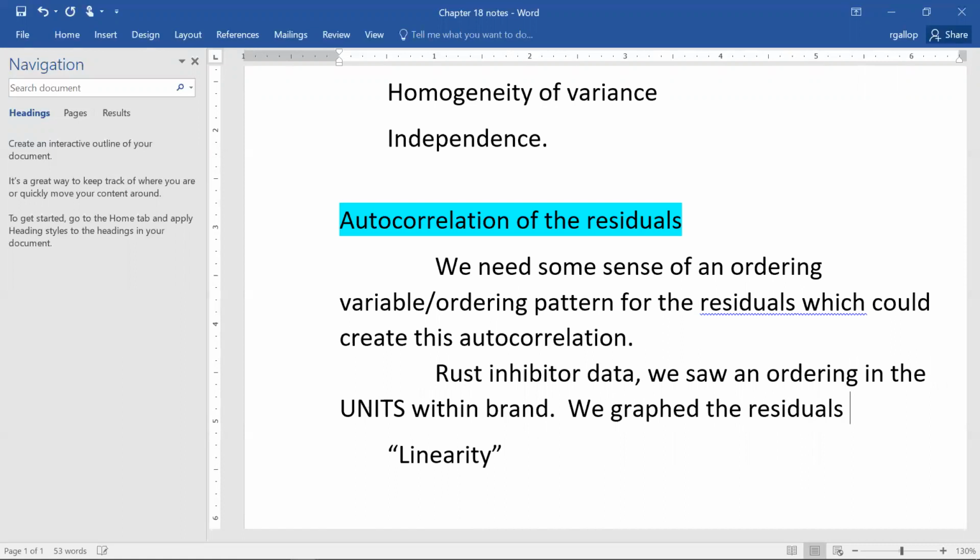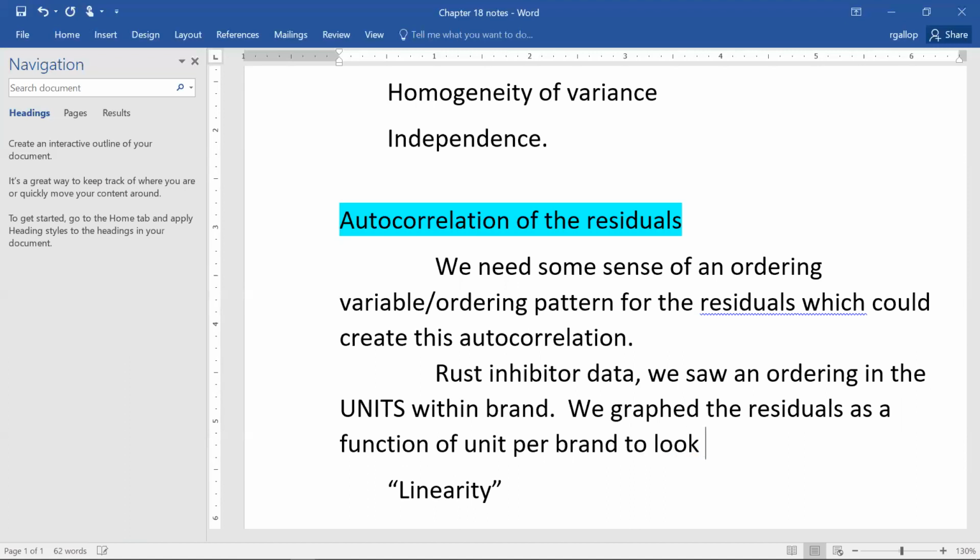Graph the residuals as a function of unit.